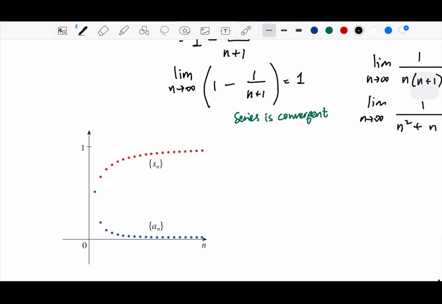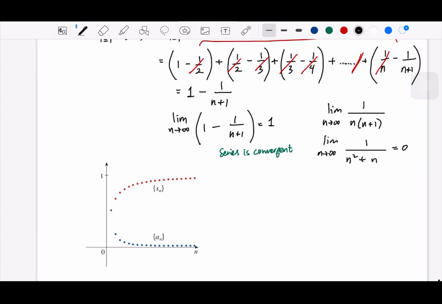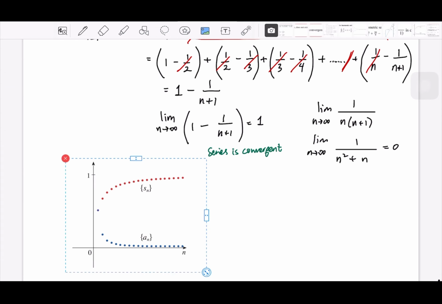But before that, let me go through a few series before that. Okay, so this is the telescoping sum.